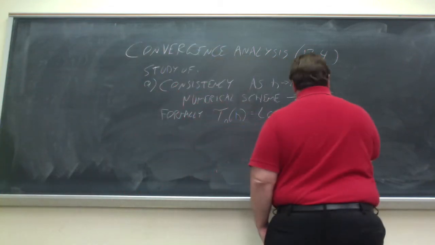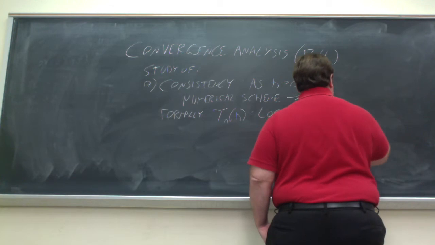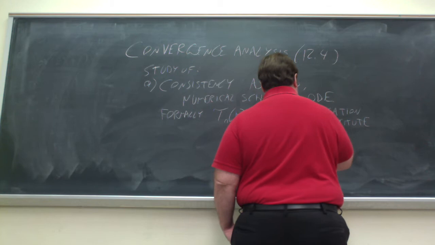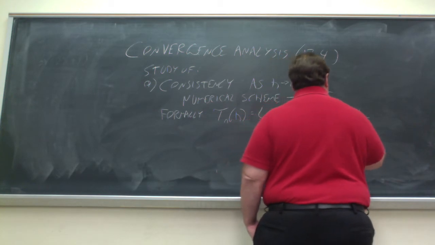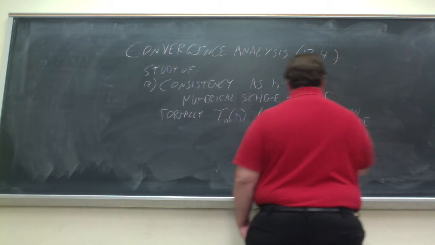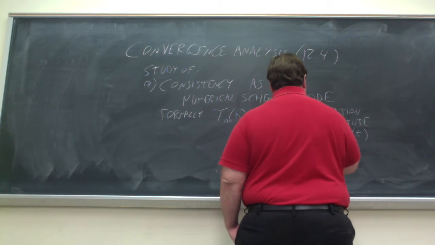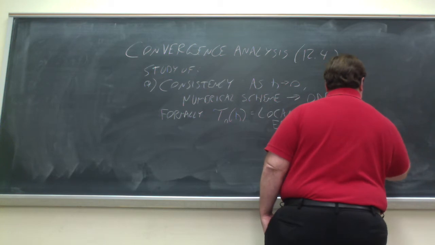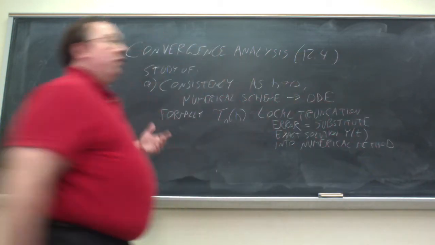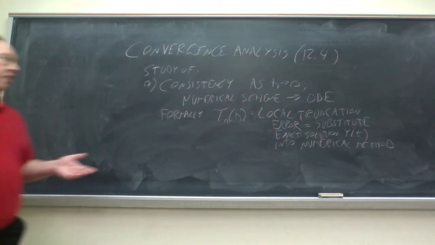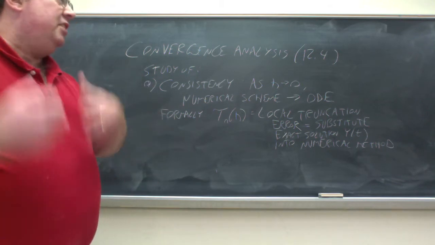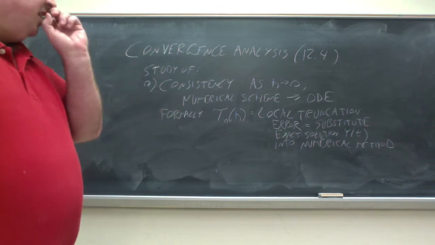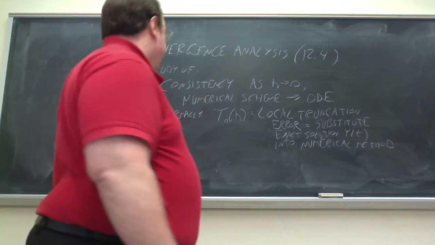It is what you get by substituting the exact solution of your ODE, y of t, into the numerical method. Because the numerical method only approximates the ODE, if you plug the exact solution of the ODE into the numerical method, it will not satisfy it exactly. There's going to be something left over. That something is called the local truncation error.